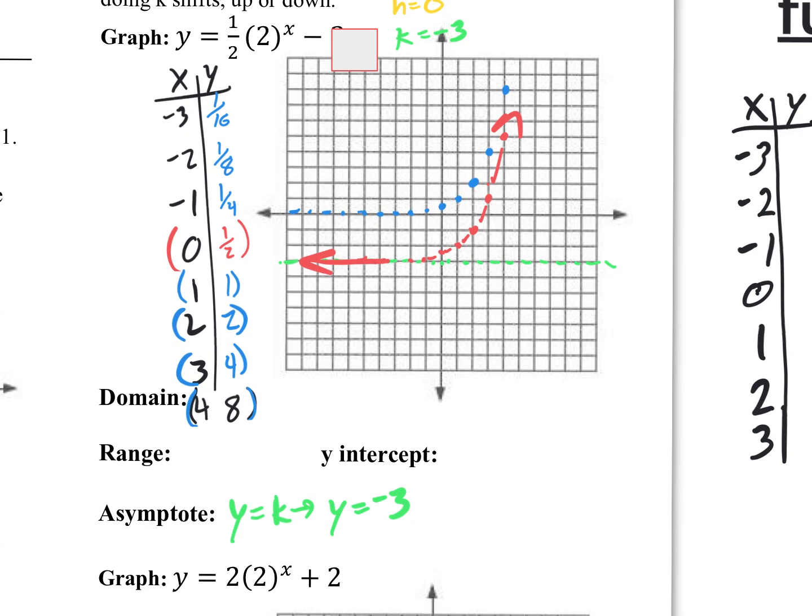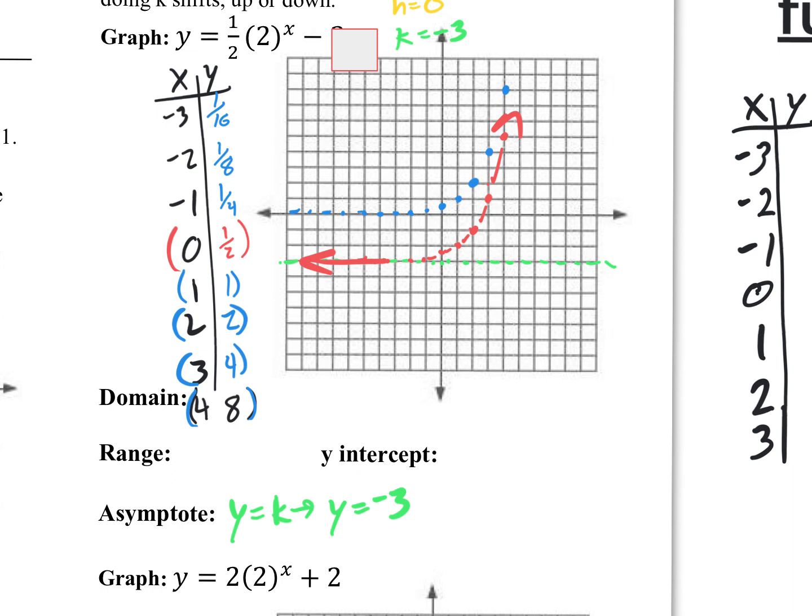Okay, now the domain are your x values of your graph. And the x values, well, your x-axis runs from left to right. So does the graph go to the left forever? Yes, it does. Does it go to the right forever? Yes, it does. Even though it curves up, it'll continue to exist, just way up there somewhere. So it does exist to the left forever, to the right forever.